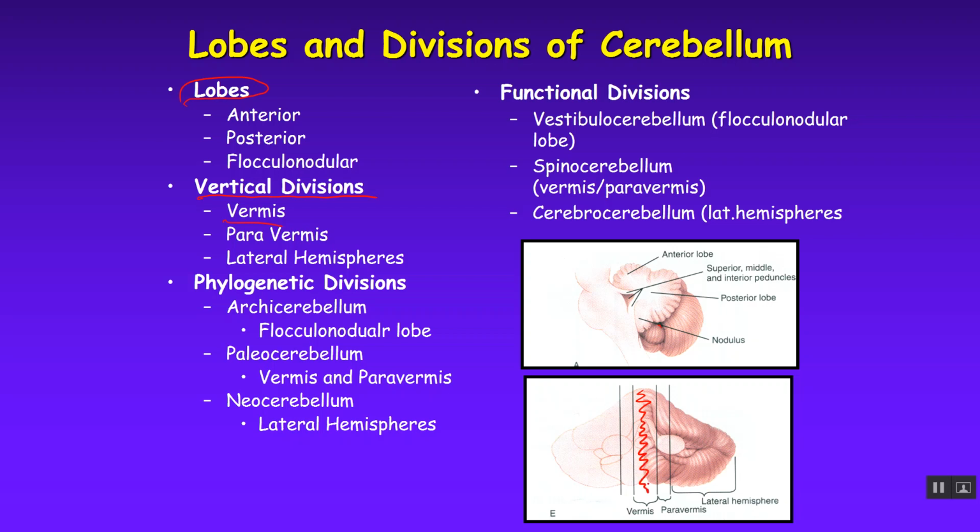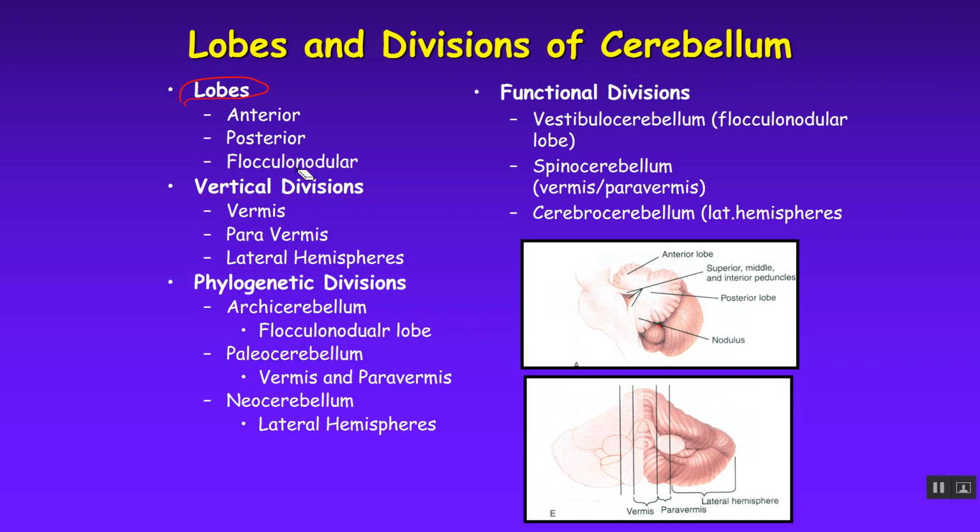Vermis means worm-like, and when you see it in a different picture, it looks a little bit like a worm. Then just outside of the vermis on each side is called the paravermis. So this region right here is the paravermal region. And then most of the rest of it out here is called the cerebellar hemispheres, or the lateral hemispheres of the cerebellum. So those are the vertical divisions.